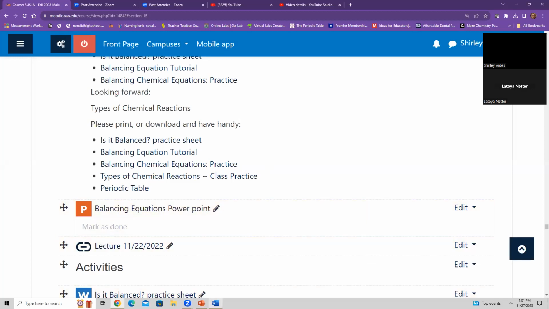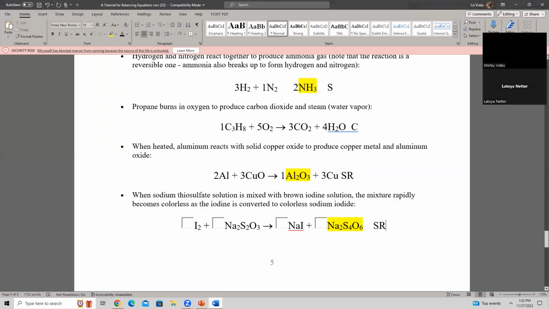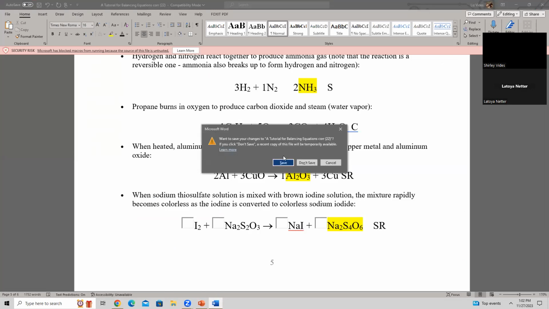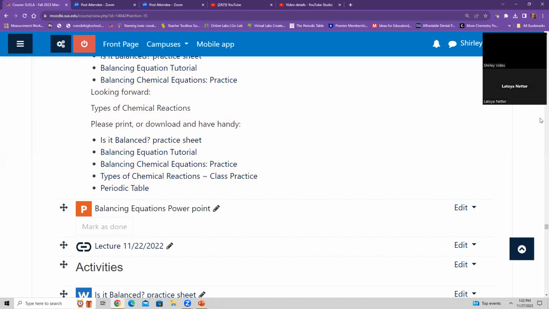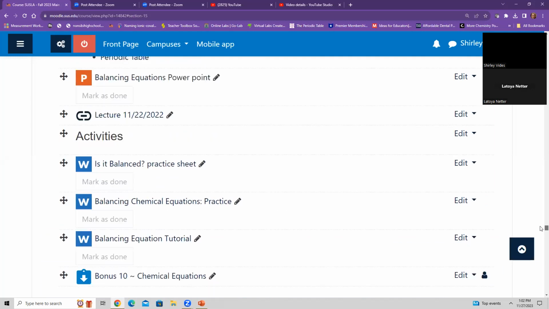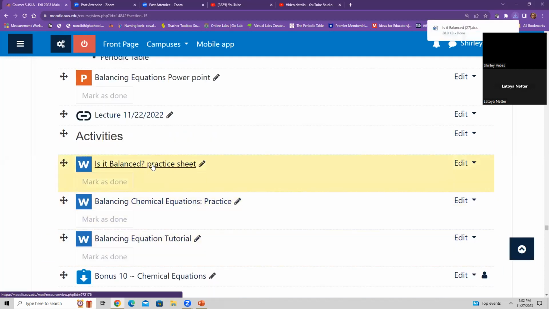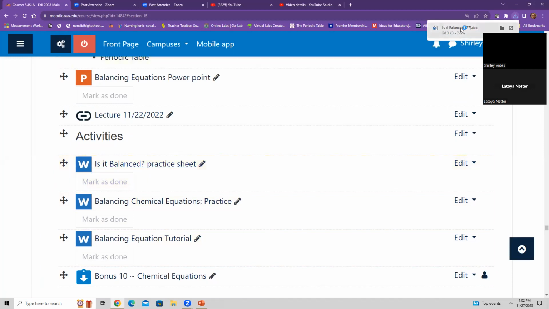All right, so the first thing we're going to look at is the is it balanced practice sheet. And this is where I do the one I don't like, which I call the inventory method.